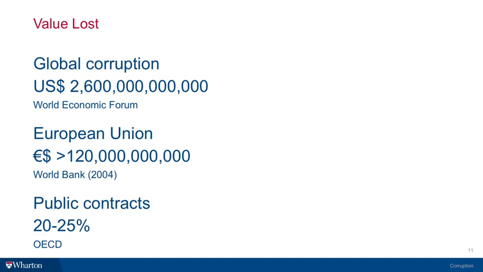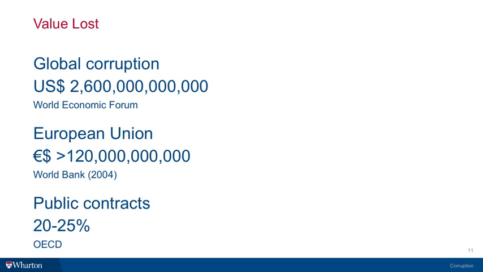Their study found that somewhere between 20 and 25% of the value of these contracts is lost to corruption, primarily bribery. 20 to 25% of public contracts is a very large percentage, and that's value that's not being used for more productive things.